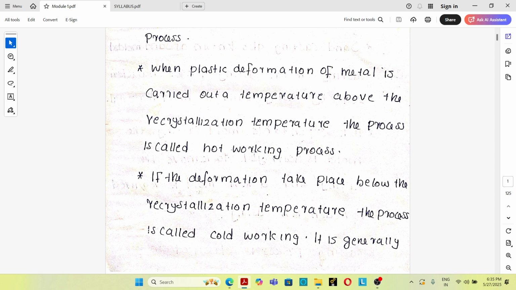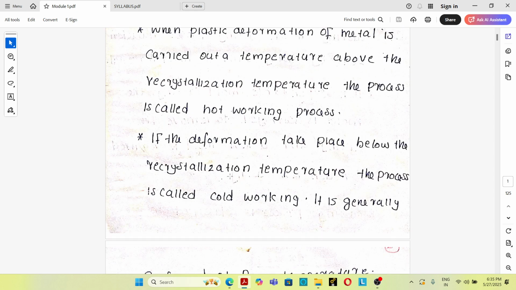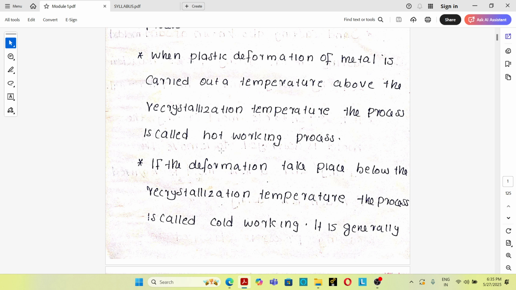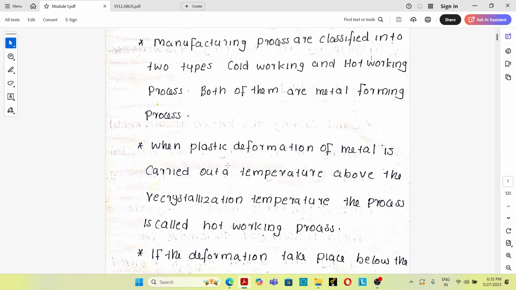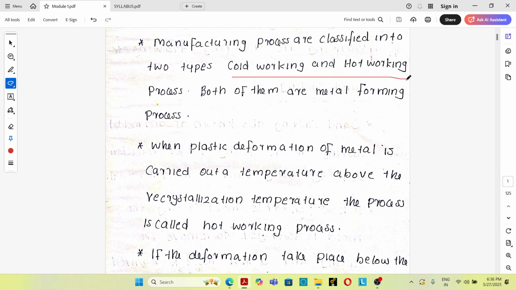Based on the recrystallization temperature, manufacturing processes are classified into two types: first, hot working process, and second, cold working process. These are the two classifications of manufacturing process based upon the recrystallization temperature.